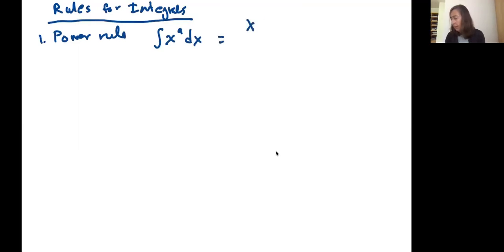That is x raised to the next higher power, again, because we're undoing the differentiation process. Let me make that 1 a little bit clearer here. So a plus 1 divided by a plus 1, and then I have that constant of integration. Okay, so the integral of x cubed would be x to the 4th over 4.